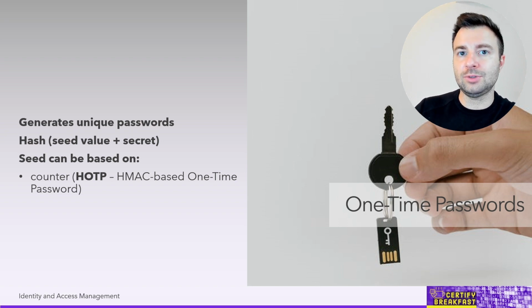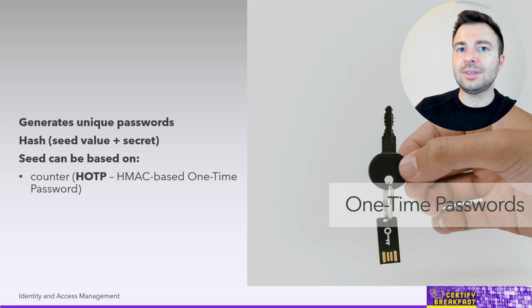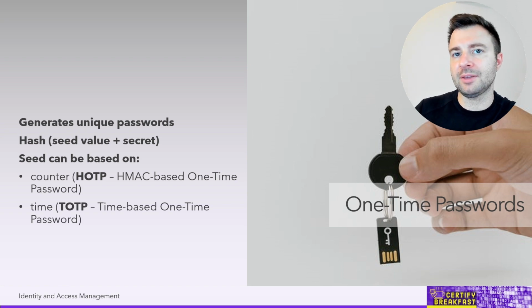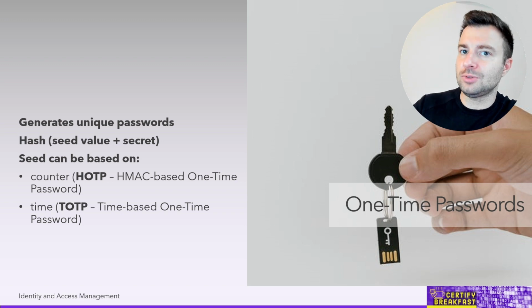Now, in order to provide uniqueness, the seed can be combined with a counter, which makes it an HOTP. That's an HMAC-based one-time password. And that counter, of course, is being incremented with each new password generation request. Alternatively, and this is probably the method that you're most familiar with, is the time-based one-time password generator, where the actual value of the password is generated depending on the shared secret, of course, but also on the current time of the day, down to the minute or to the second.